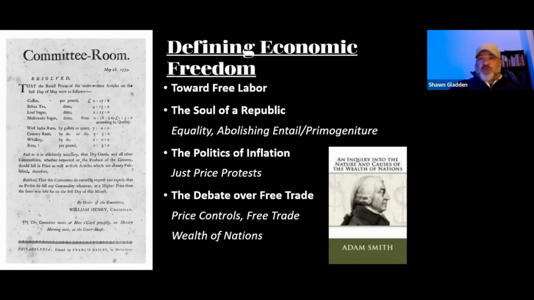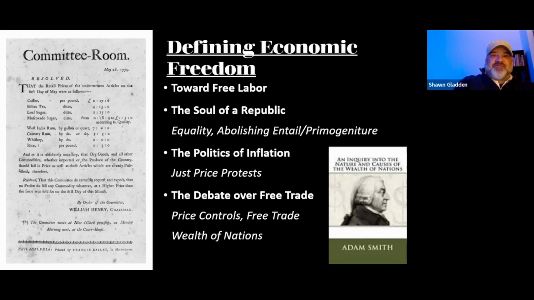For an emerging new nation that absolutely hated the idea of extra taxation and mercantilism, this is perfect. Certainly for the merchant class of New York, Philadelphia, Boston, Baltimore, even the southern colonies or southern states, economic freedom meant no government intervention.